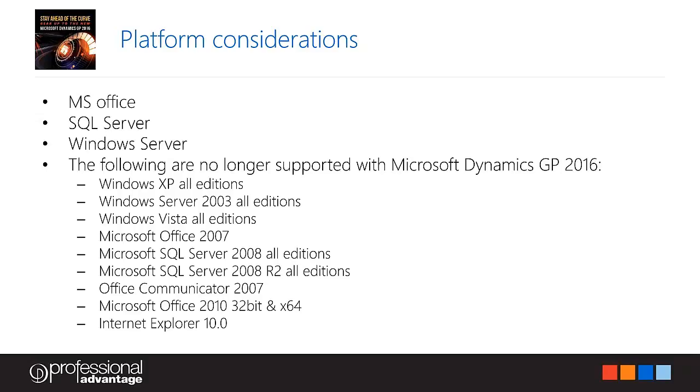But specifically, there are some things that are no longer supported with the 2016 release. So older versions of Windows, XP, Server 2003, older versions of Office, particularly 2007, and 2010, older versions of Internet Explorer, and the SQL Server version 2008.